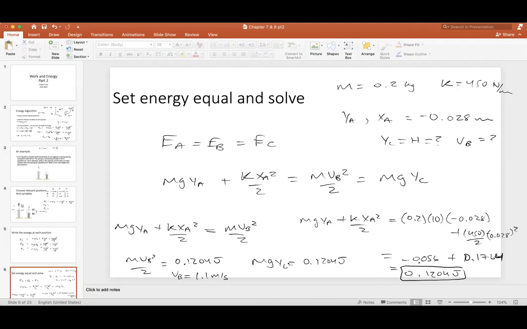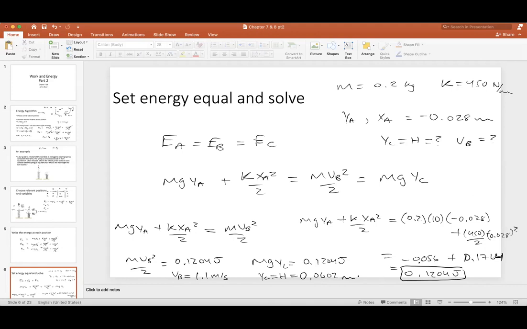And then I can solve for YC, which is really H. So YC is equal to my H, taking 0.1204 and dividing by mg. So 0.1204 divided by 0.2 times 10, which is 2. So this is 0.0602 meters, 6 centimeters. Okay, that's it.